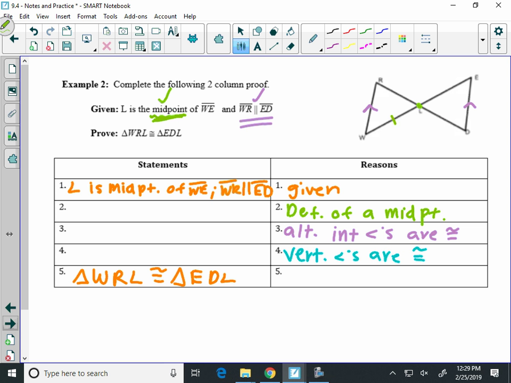Yeah, the two pieces are the same. If L is directly in the middle of WE, then I know WL and EL are congruent. So that's what I'm going to write as my statement. If you're talking about midpoints or segment bisectors, you're saying that two segments are congruent.